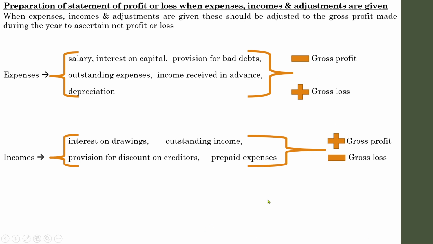Because if you adjust accordingly in gross profit or gross loss, you will get the net profit or net loss during the period. That is the concept of preparation of the statement of profit or loss when expenses and incomes or any adjustment with regard to them comes. So let us discuss a case, then you will get a clear picture regarding that.